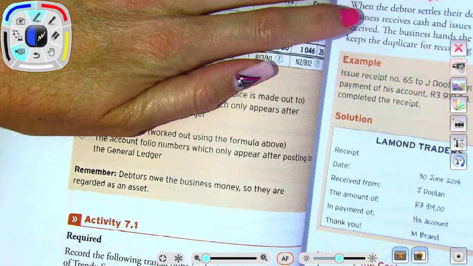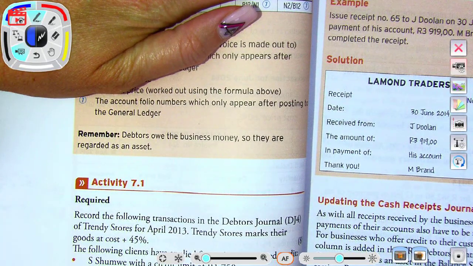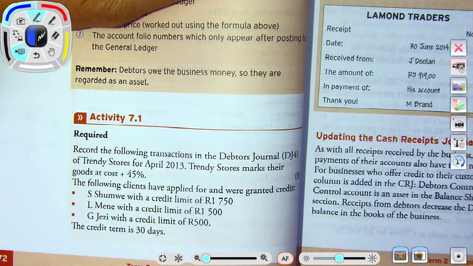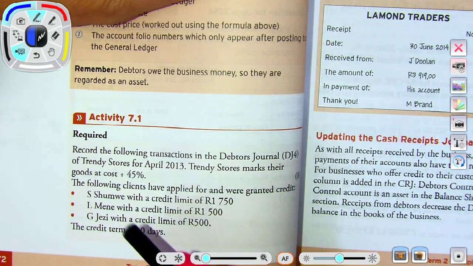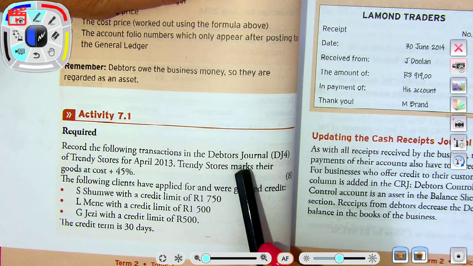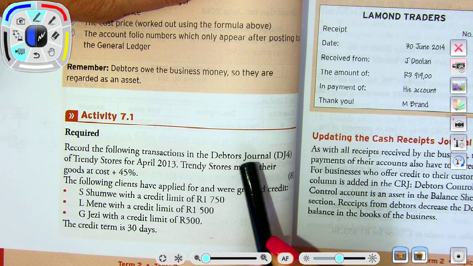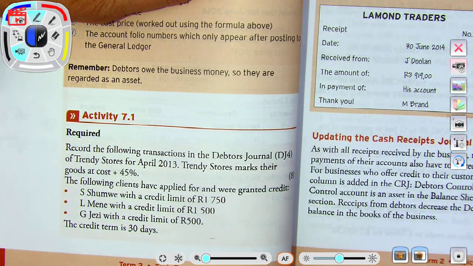Okay, so let's read this. Record the following transactions in the DJ. Now we know a debtor's journal is where I record credit sales of Trendy Stores for April 2013.